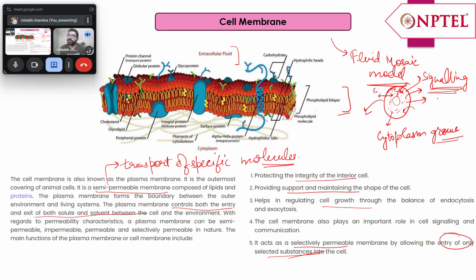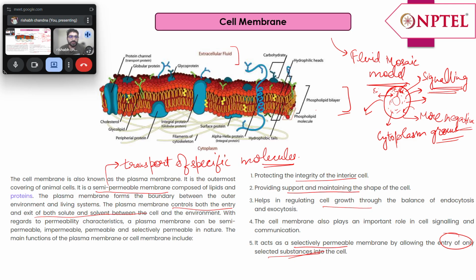Apoptosis is programmed cell death. Whenever a cell becomes old or diseased, it needs to be cleared from the body. So the cell gives a signal. There are many hallmarks of this. One of the hallmarks is that the cell becomes more negatively charged as compared to a normal cell.